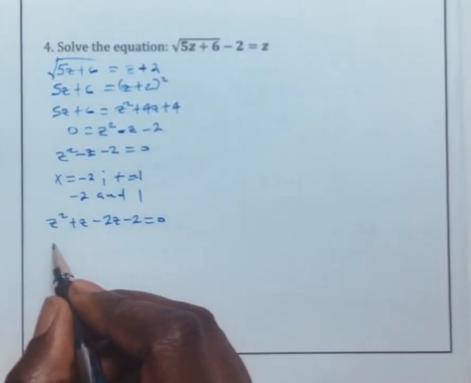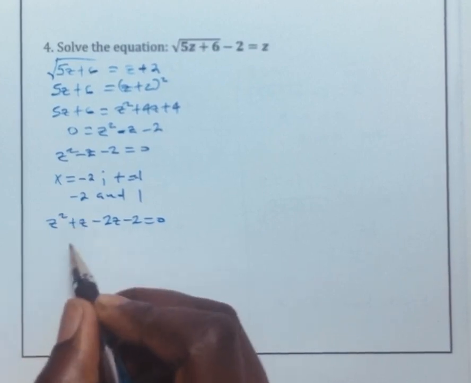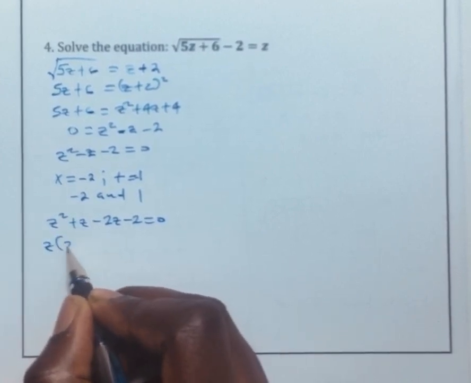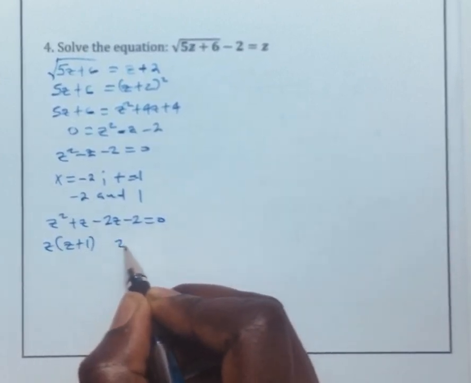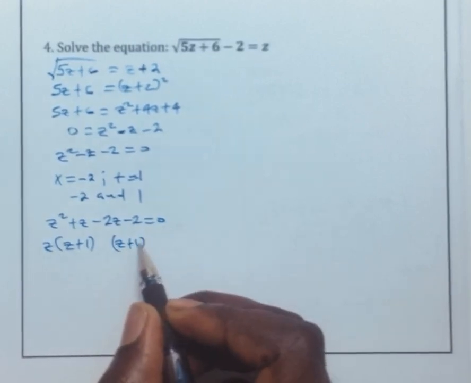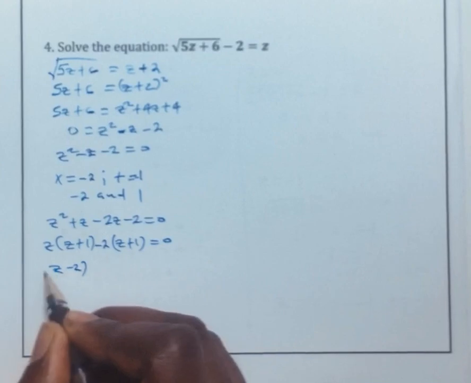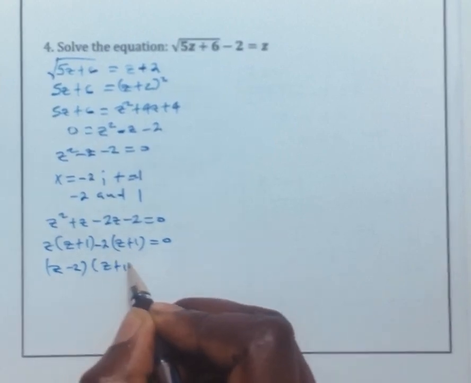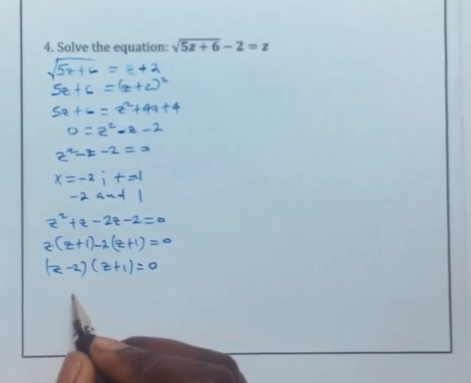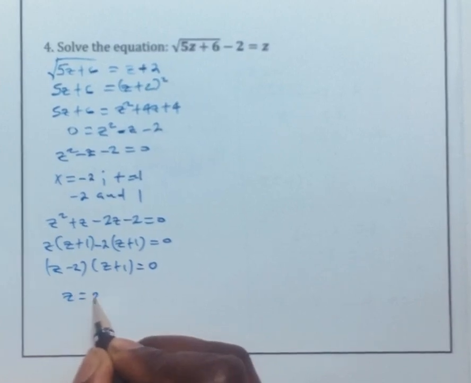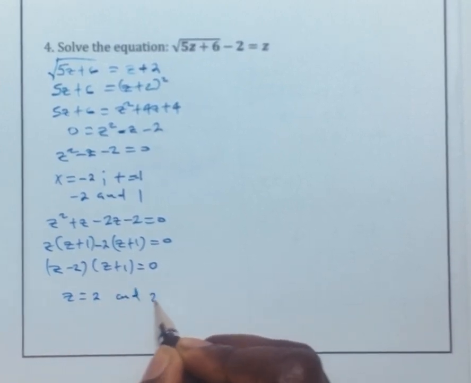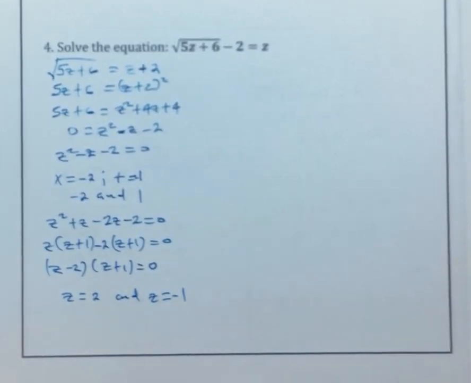The common factor here is z into (z plus 1), and you have -2 times (z plus 1) equal to 0. So you have (z minus 2) times (z plus 1) is equal to 0. So it means that z is equal to 2 and z is equal to -1.